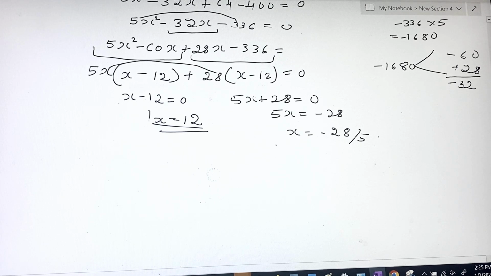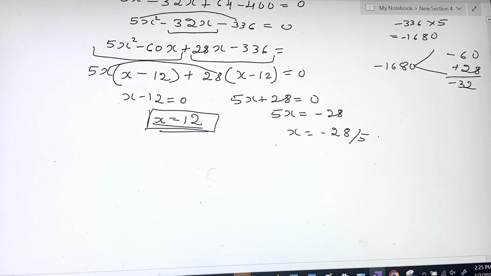Because they have said positive integers, we have to take x as 12.